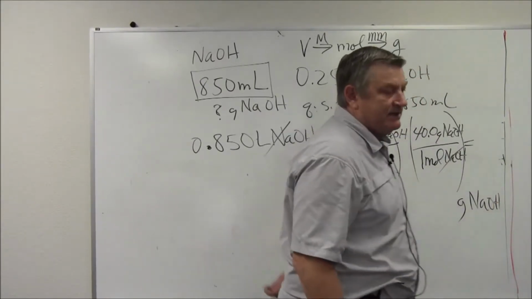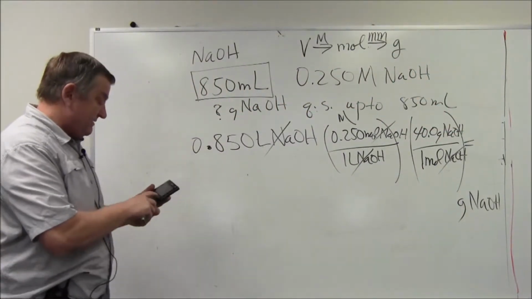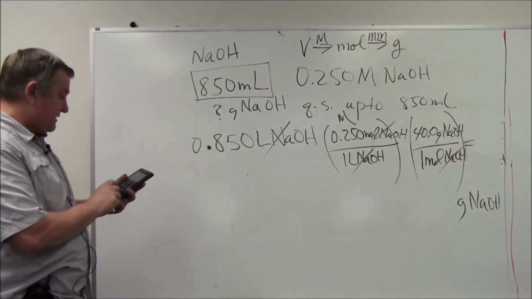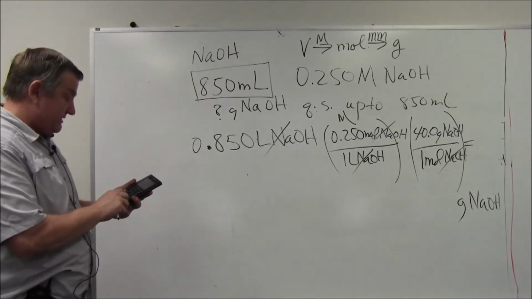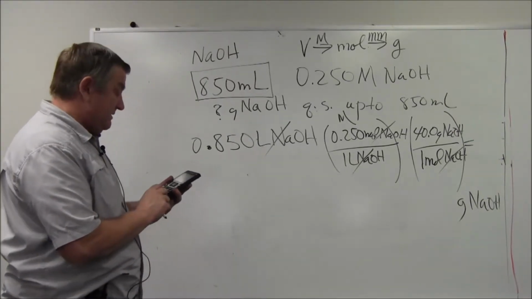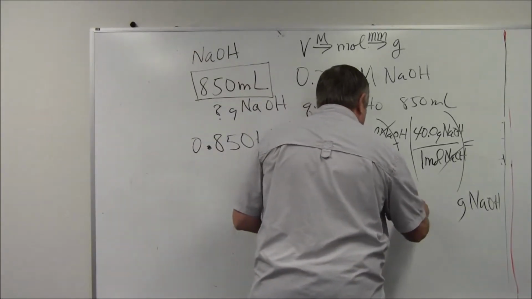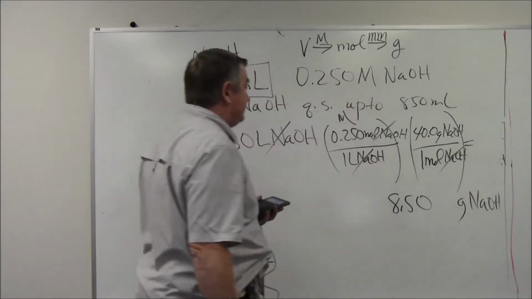So now we get out our calculator and we do the math. So 0.85 times 0.25 times 40 equals 8.50 grams of sodium hydroxide.